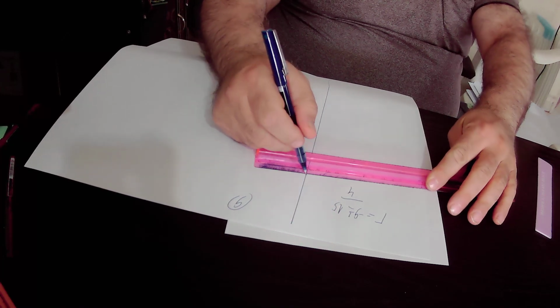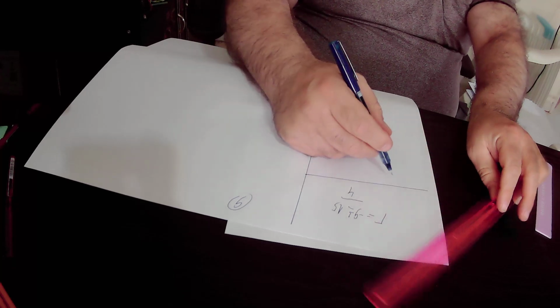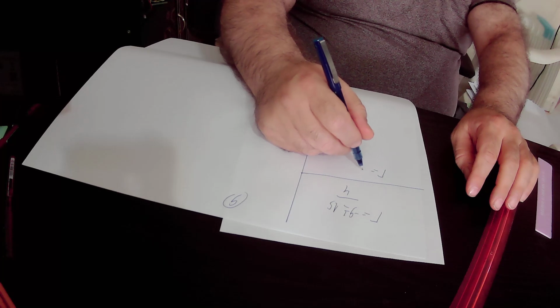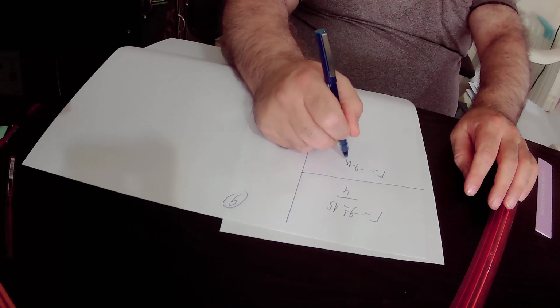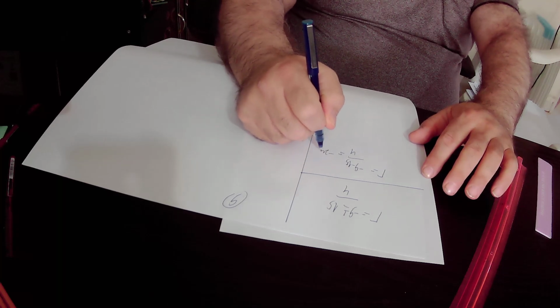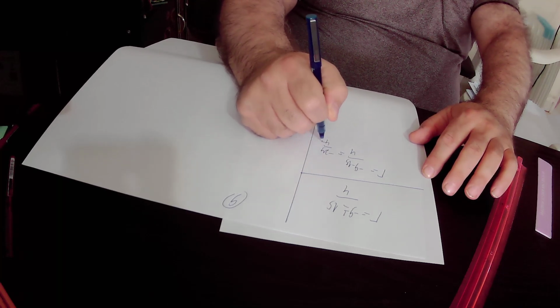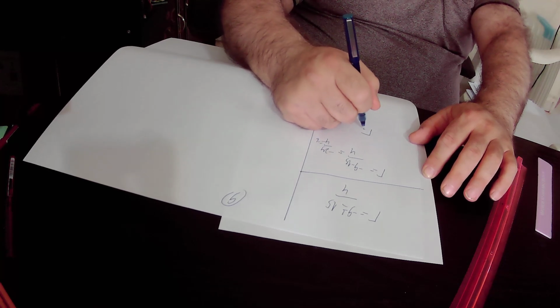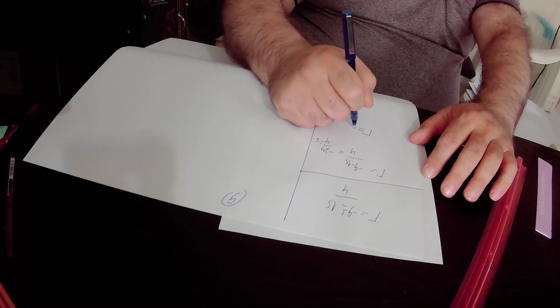The first solution for r is that r equals minus 9 minus 15 over 4. Minus 9 minus 15 is minus 24, and minus 24 over 4 is minus 6. So I actually found out that r equals minus 6.